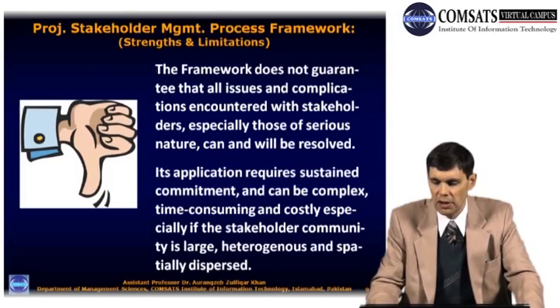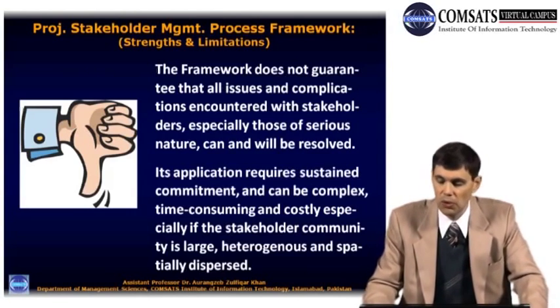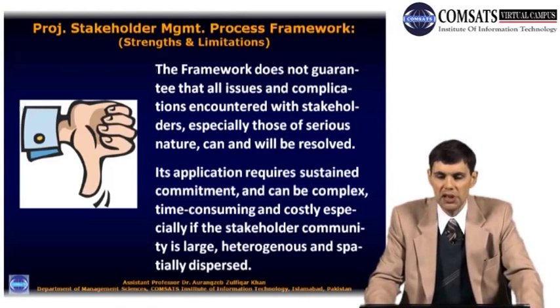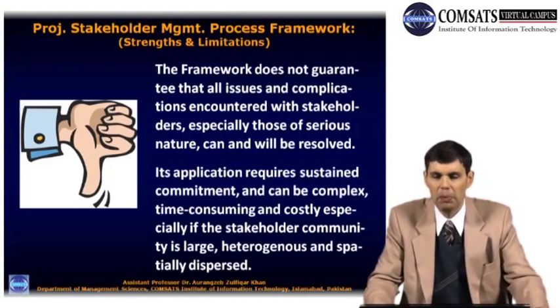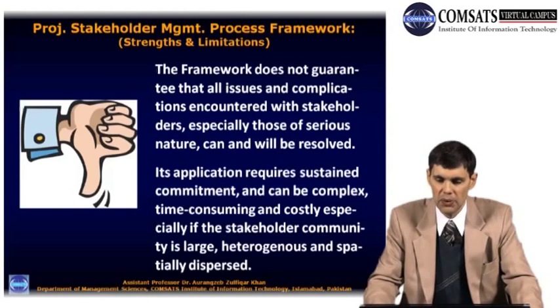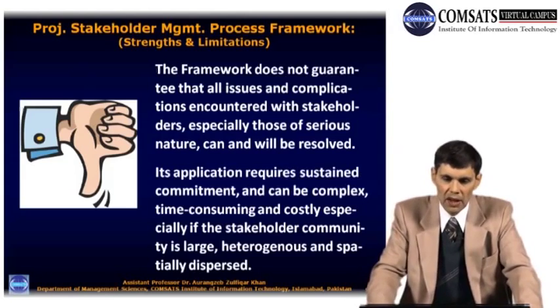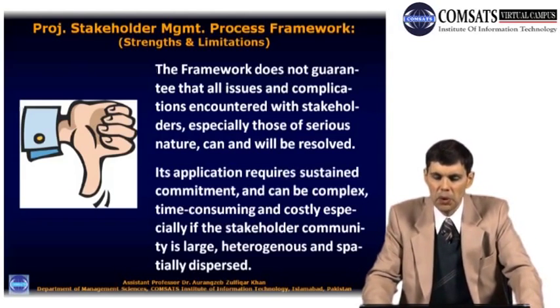But there are some cases where even the best stakeholder management and engagement may not work. So the process framework is not going to guarantee that all your problems will be overcome. What it can do is give you some help to try and overcome those problems, issues, and complications.